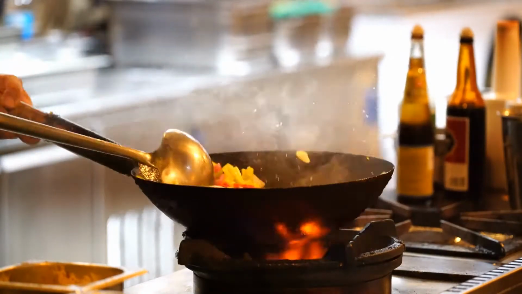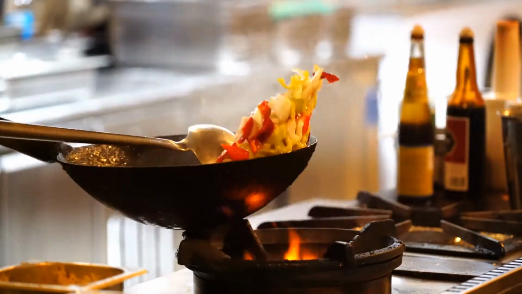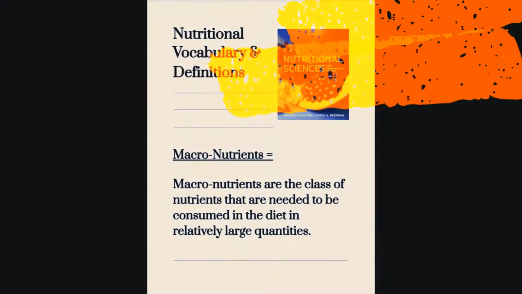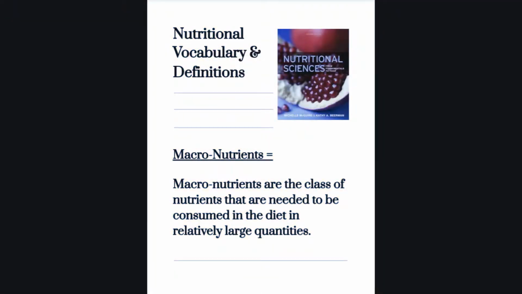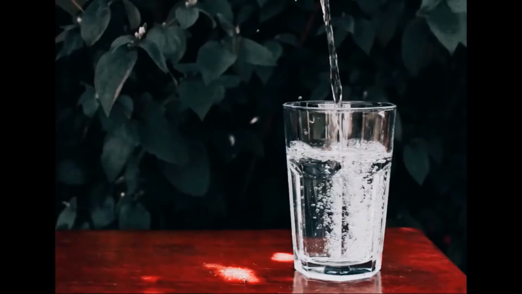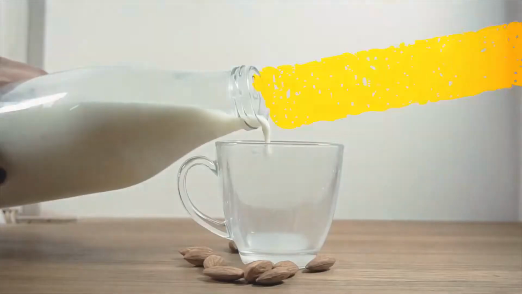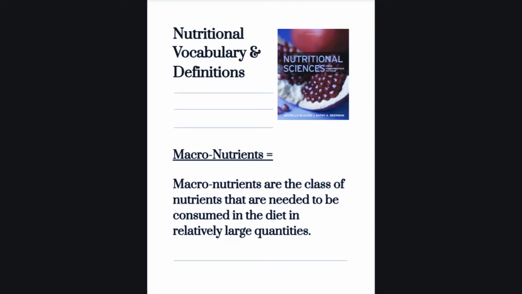Most of our foods do contain a mixture of the essential and non-essential nutrients. However, the nutrients within our foods can also be classified regarding how much the body is actually in need of the nutrient. Therefore, the macronutrients are the class of nutrients that are needed to be consumed in the diet in relatively large quantities. For example, we have water, the carbohydrates, proteins, and lipids, or preferably fats, are all considered to be the macronutrients.